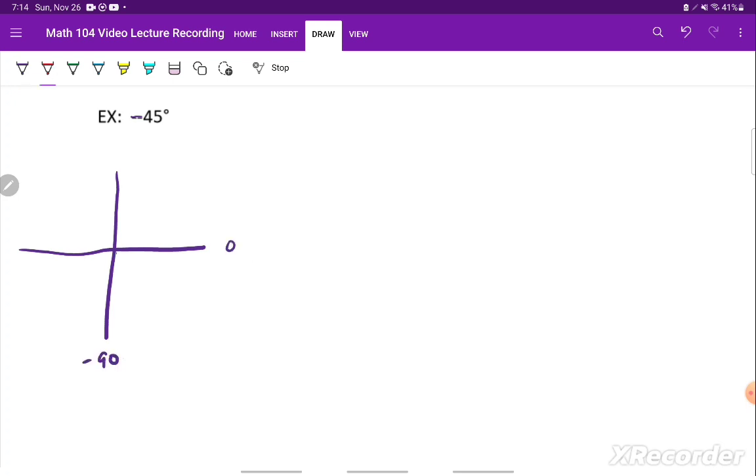Negative 45 degrees is going to fall in our fourth quadrant. Dropping a perpendicular to the x-axis, I create this right triangle, and we can already see what our reference angle is. Now, we're not going to call it negative 45 degrees. We're just going to call it 45 degrees.